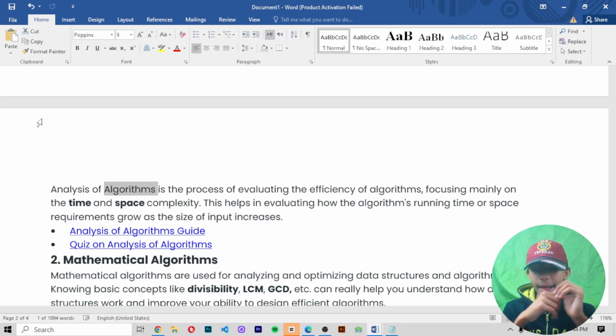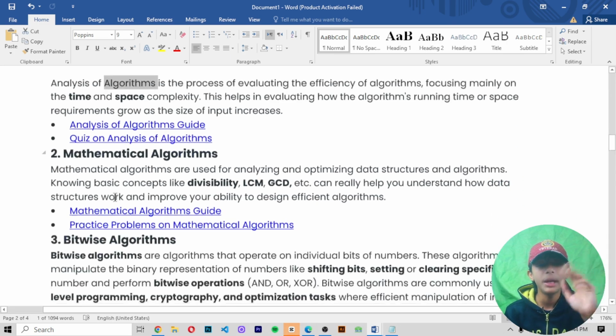This helps in evaluating how the algorithm's running time or space requirements grow as the size of the input increases. In the future we will make one detailed video on the analysis of algorithms, and we will also do a quiz on it. First, you must know this.